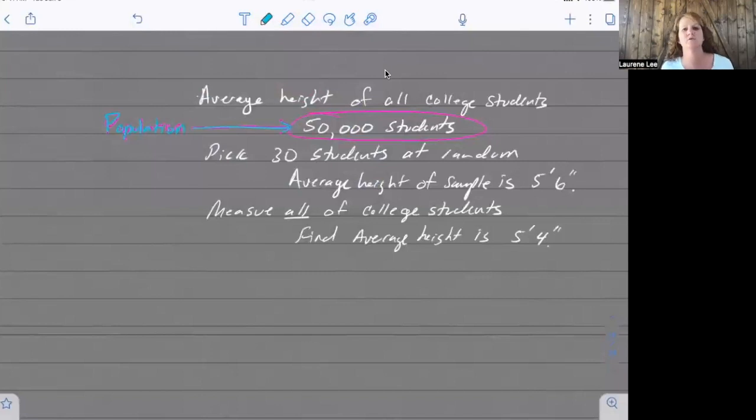It's the entire group that I'm interested in. These 30 students that I pick at random, this is my sample. Okay. This right here is the average height of my sample. This is a number associated with my sample.